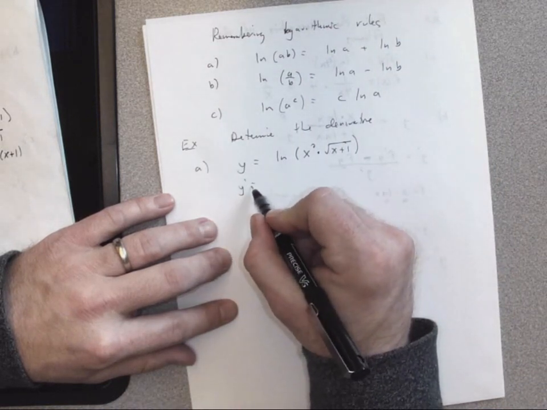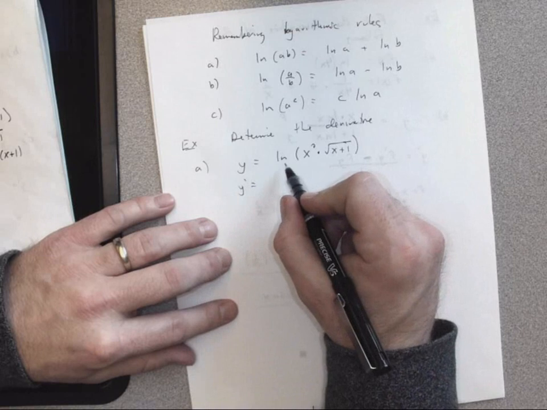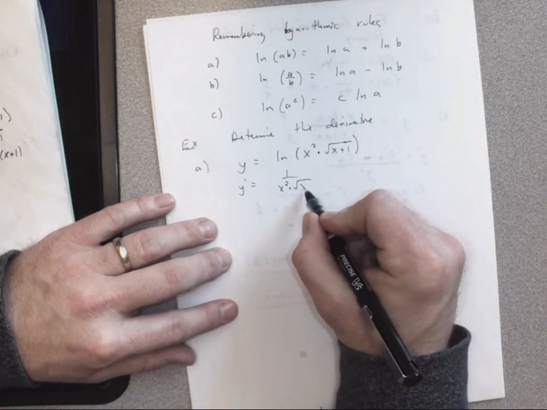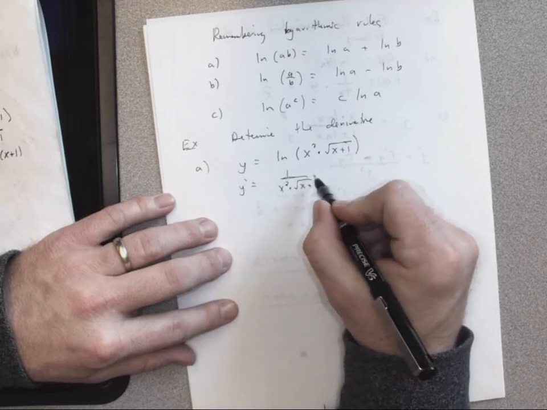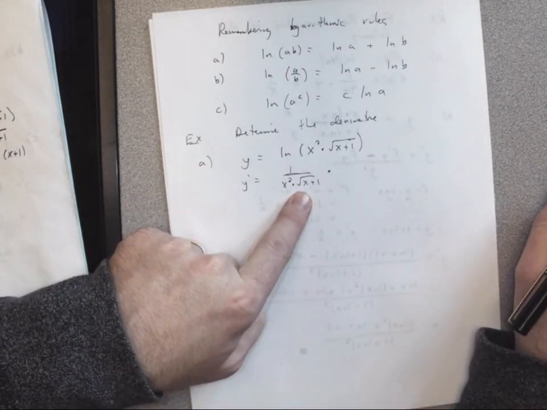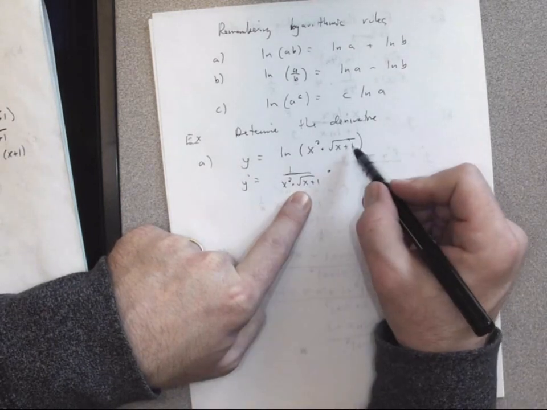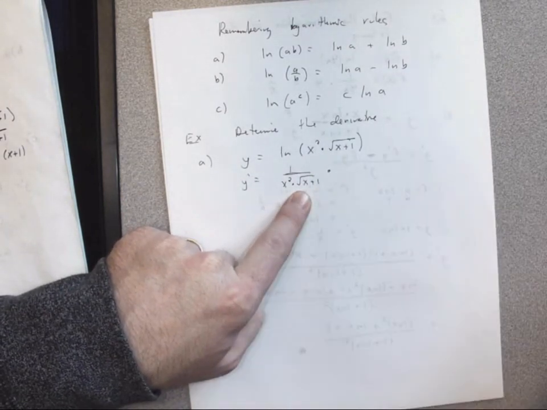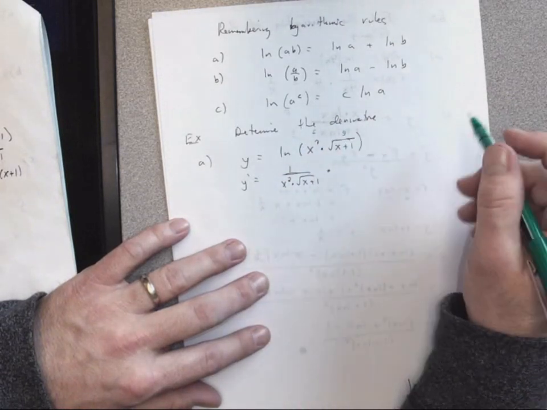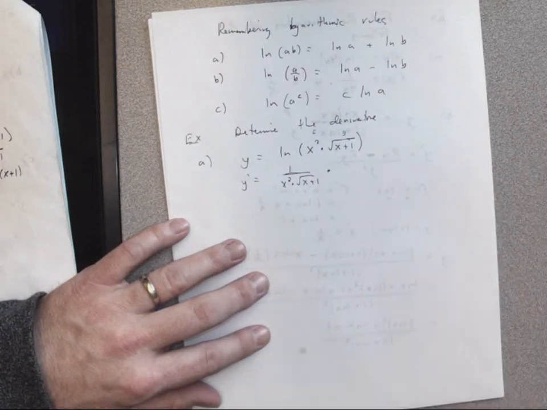So y prime, if I want to take the derivative of the natural log of something, this is my u. So it's going to be 1 over that u multiplied by the derivative of this thing. Now the derivative of this thing is a little complicated. What we're going to have is this is an f and this is a g, knowing that g is x plus 1 to the 1/2.